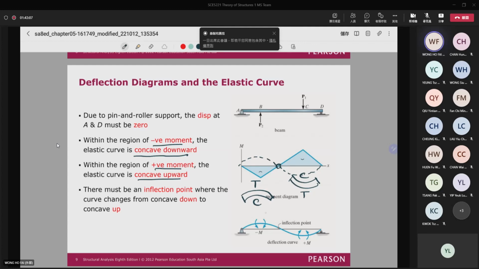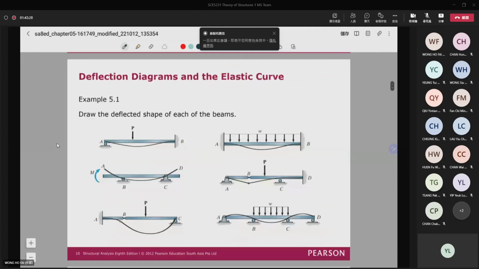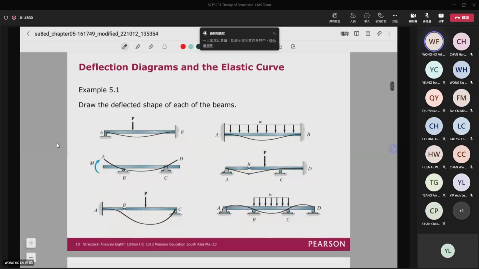It is actually changing from concave downward to concave upward, and we call that the inflection point. At the inflection point, the bending moment is equal to 0.